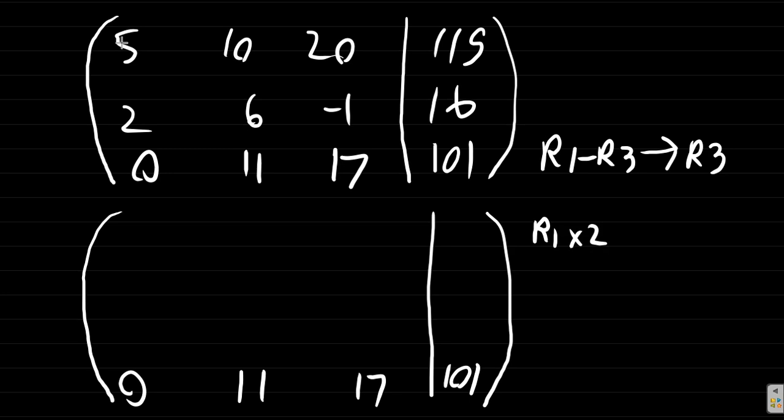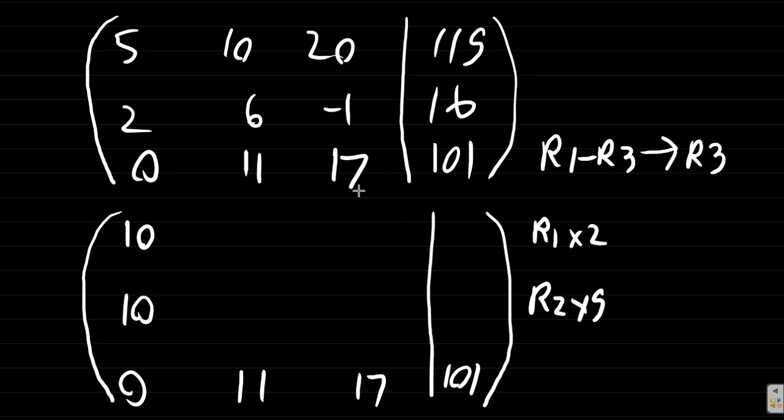Row 1 times 2, 2, 5 will give you a 10 up here. And then row 2 times 5 will give you what? A 10 down here. And when you subtract them, 10 minus 10 is 0, you can get a 0 here. In the next matrix, you're going to get 0 here. You see that? So, let's continue.